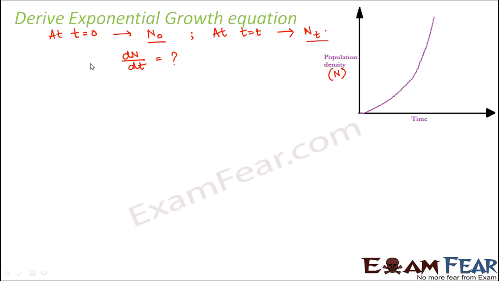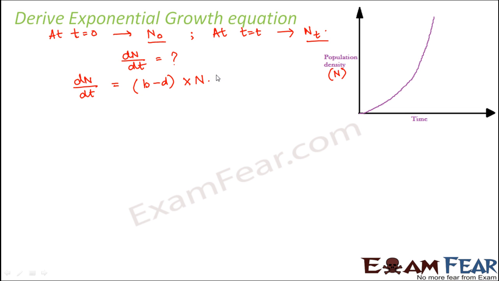Whenever we define exponential growth, we say that dN by dt is equal to (b minus d) into N. B denotes the birth rate and d denotes the death rate. Since the population is increasing very fast, the number of births is more than the number of deaths, so b is greater than d. So b minus d is the net increase in the number of individuals, multiplied by N.